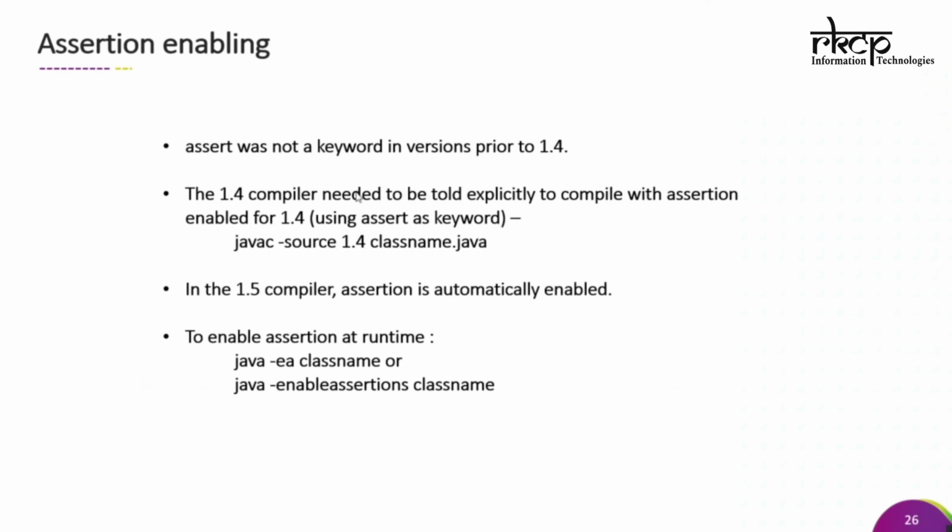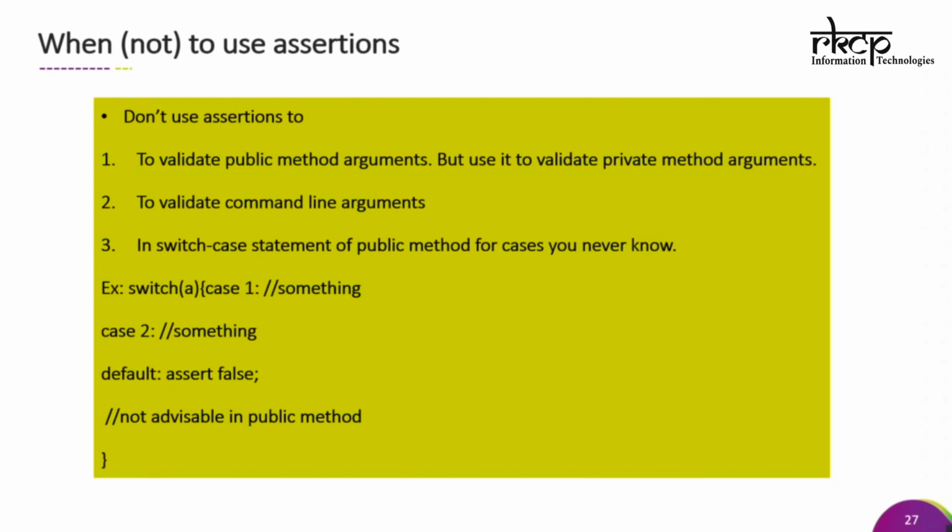In 1.4, the compiler needed to be told explicitly to compile with assertion, so you have to enable assertion. However, in the 1.5 compiler, assertion is automatically enabled. In older versions you have to enable assertion using -ea, or you can write -enableassertions. Or you can enable your assertion directly on the JVM level.